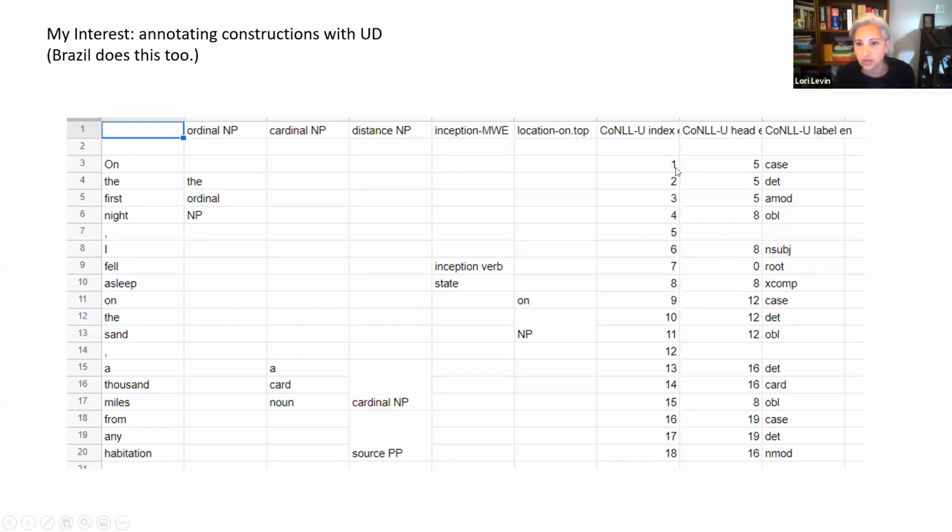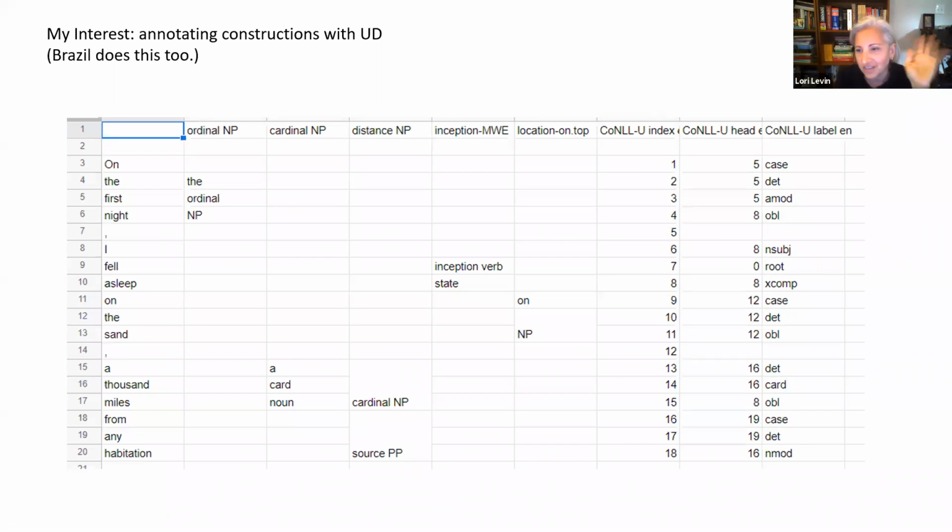So the index of the word, maybe that should be word 0 instead of word 1. Maybe I didn't do it quite right. For each word, what is this word a dependent of? So "on" is a dependent of, ooh, I got that wrong.